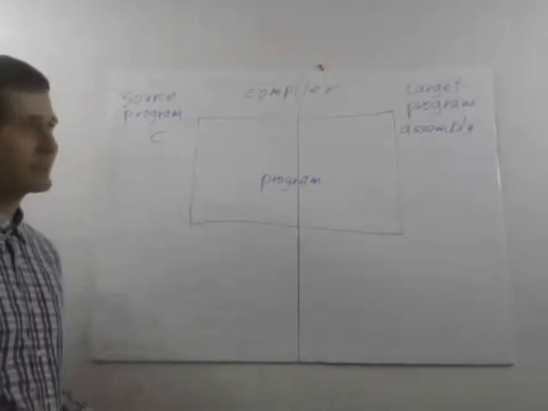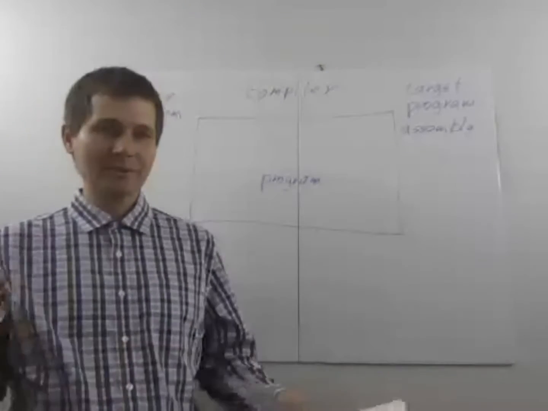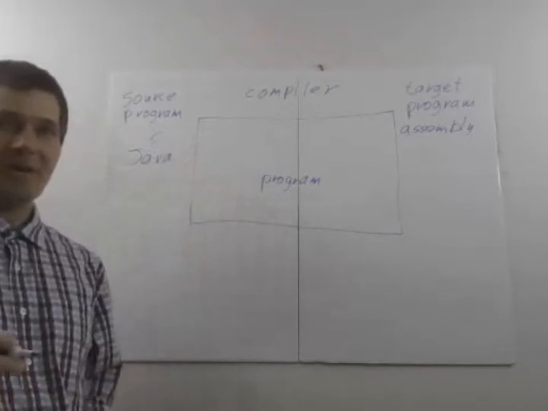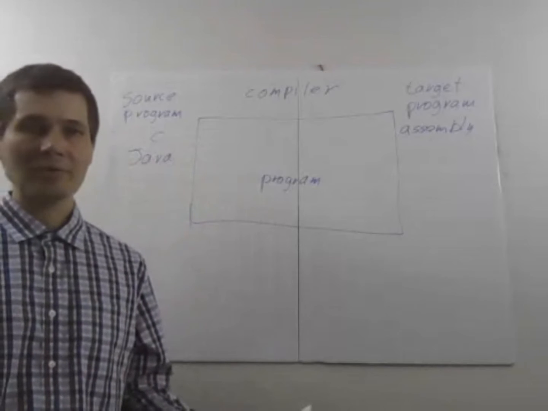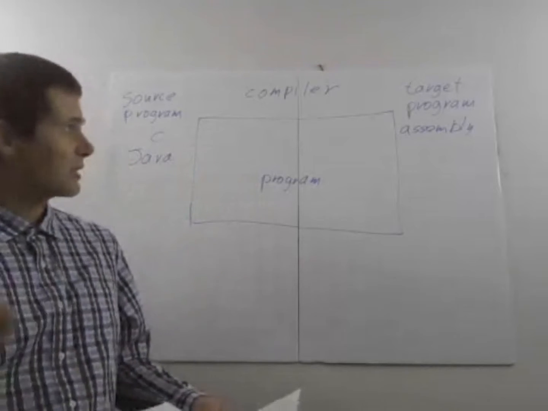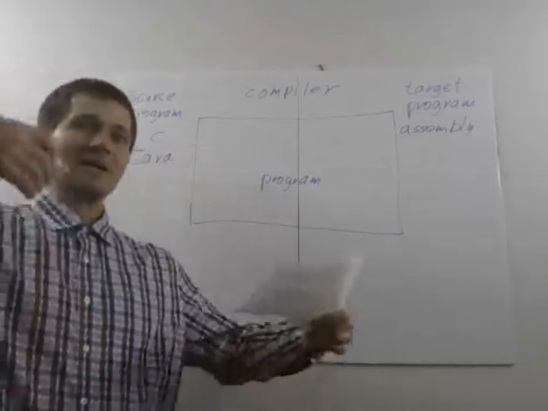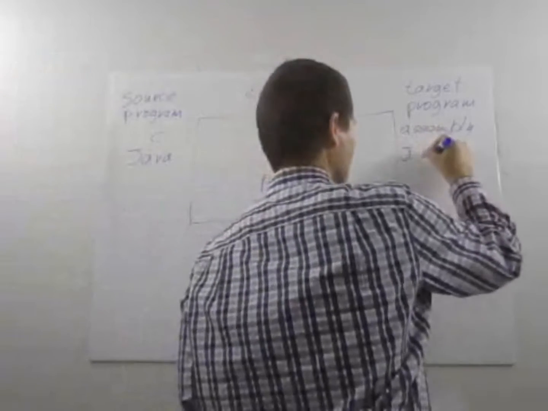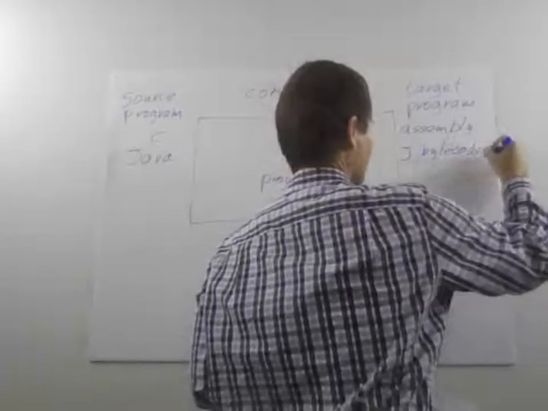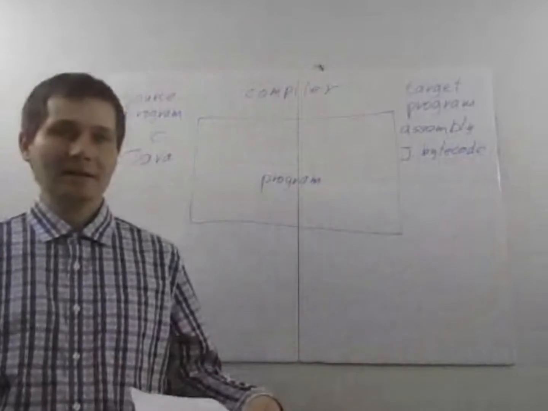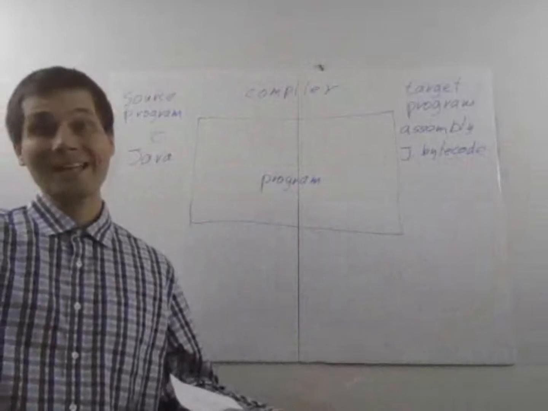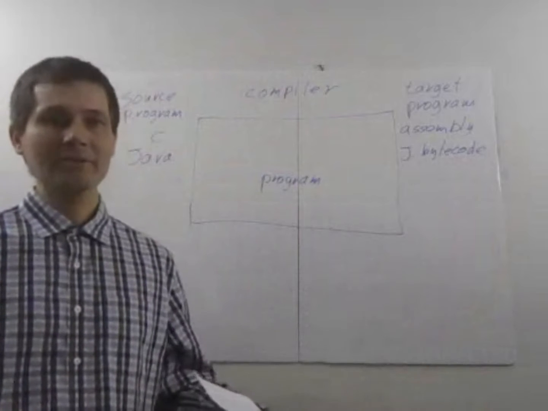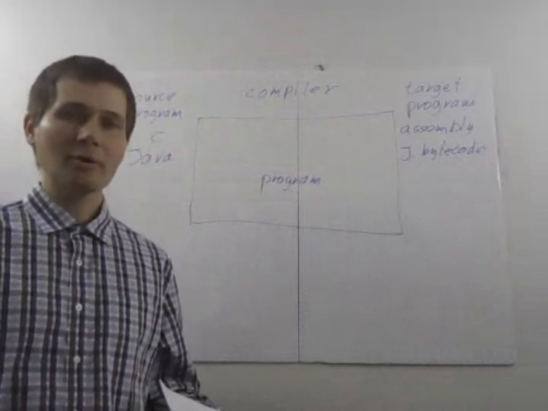Okay, but the source languages and the target languages can be different. Another common example is Java as the source language. Typically when we compile Java, we would compile it to a kind of virtual assembly language called Java bytecode. Then typically for Java, we would have a second compiler, a just-in-time compiler that runs while your program is running.